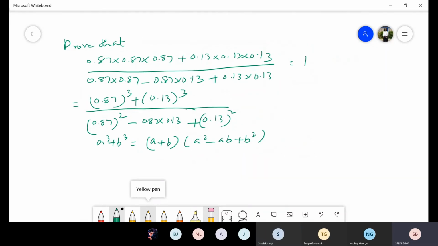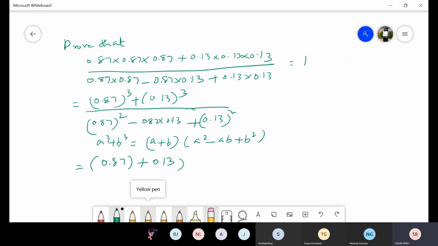So here numerator you have a cube plus b cube. So I can write this as a plus b into a square minus ab plus b square. Now, what is a? A is 0.87, b is 0.13.